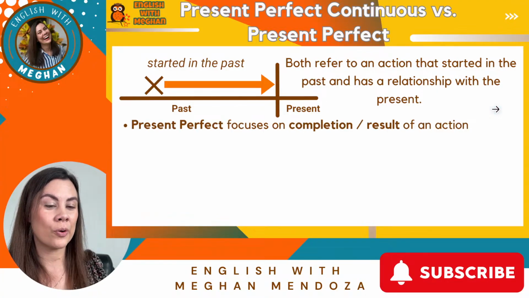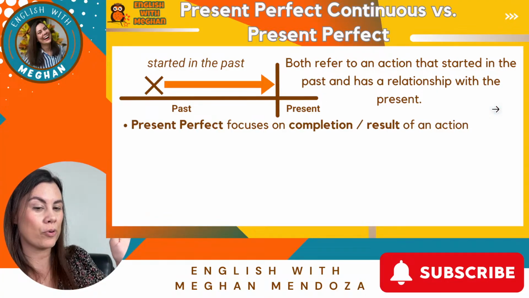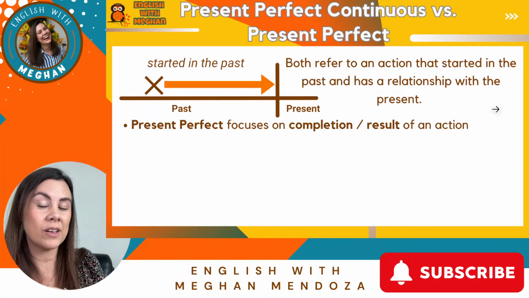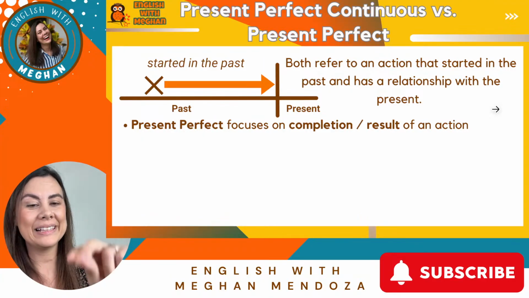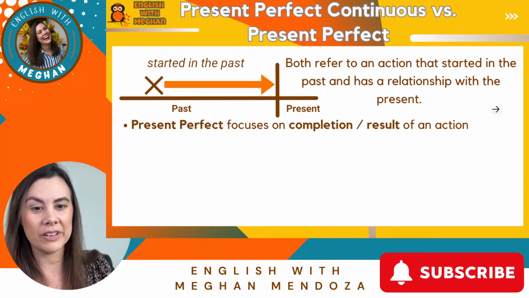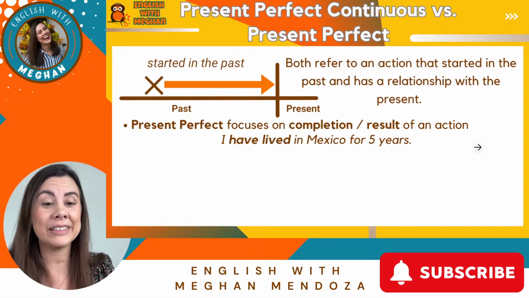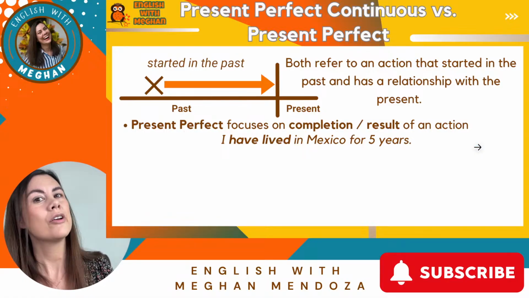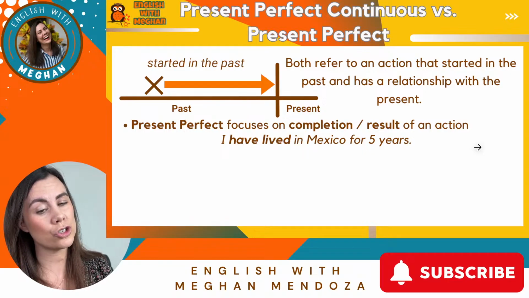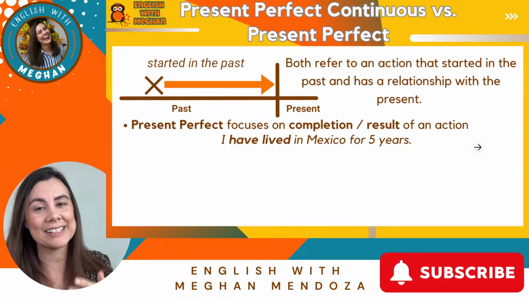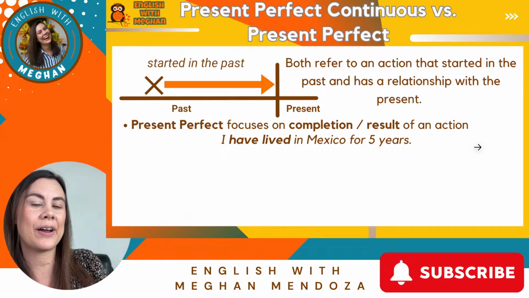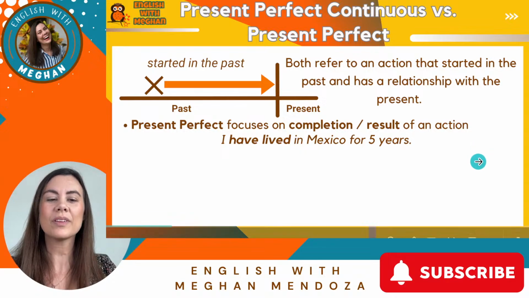Present perfect focuses on completion or result of an action. Let's look at this example. I have lived in Mexico for 5 years. True story. Married a Mexican. Fantastic. I recommend it.